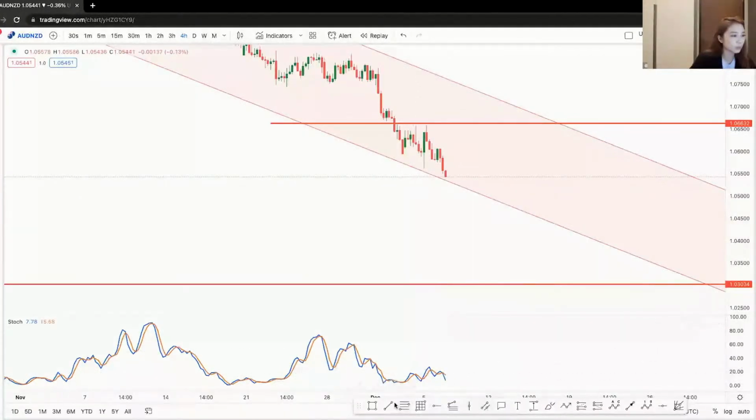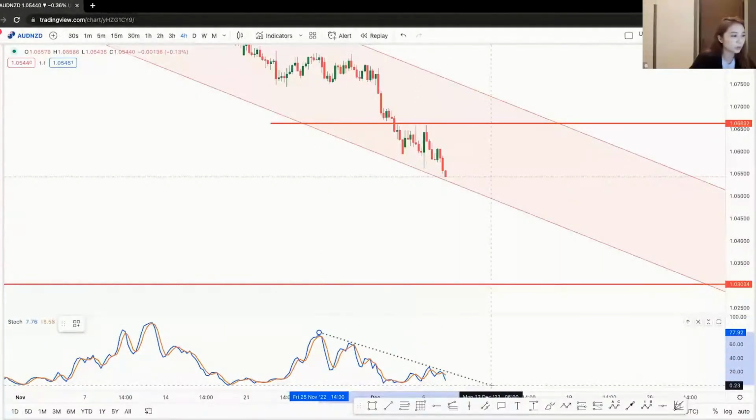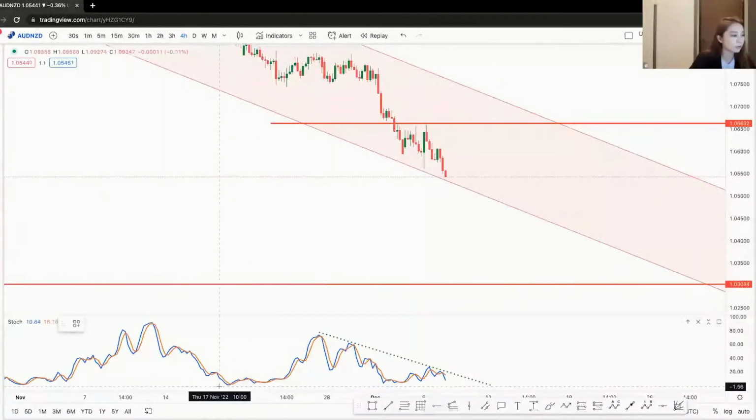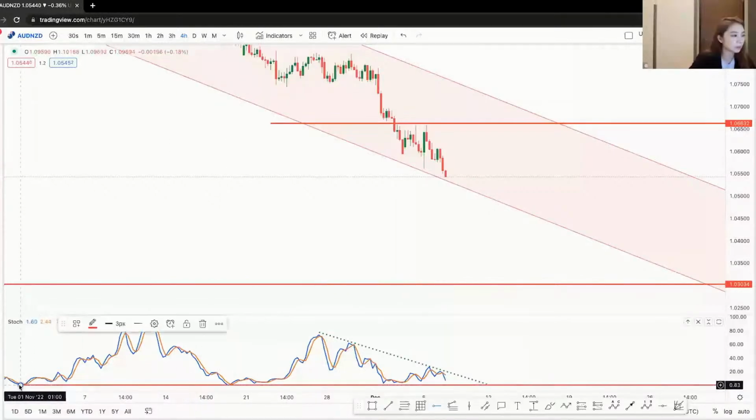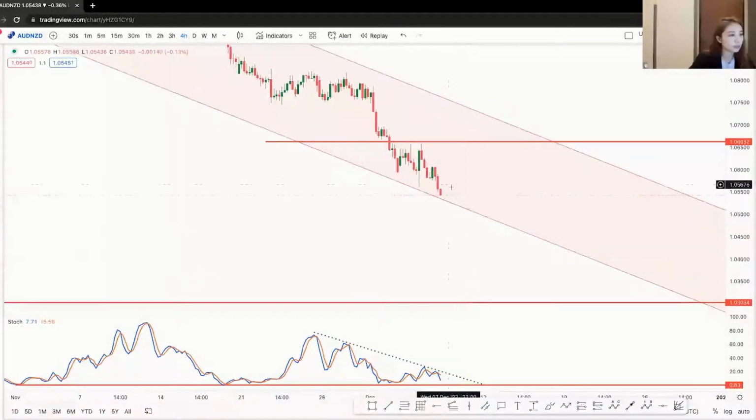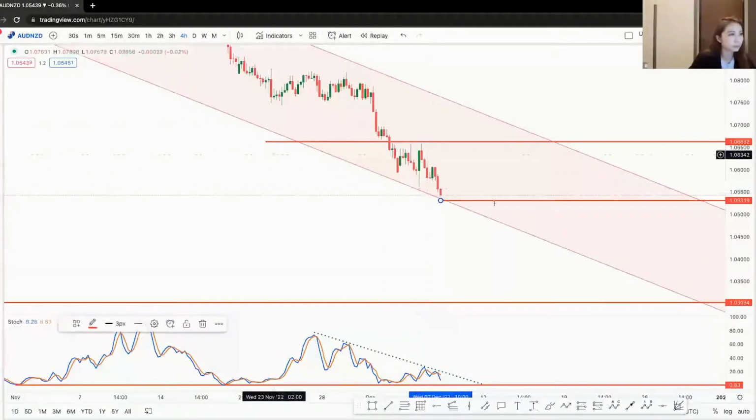No chance of divergence. We are still looking at a downward sloping even on the stochastics and a lot of close support levels. However, I do see that there's a chance for a small bounce up. However, I don't think it is worth the risk.